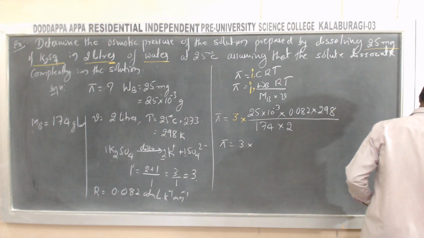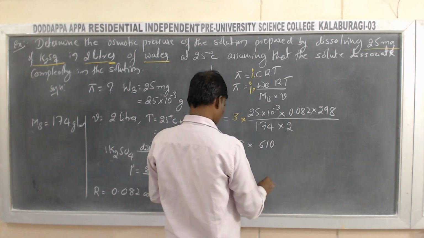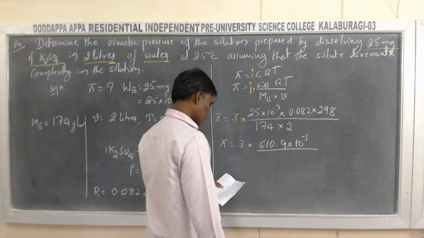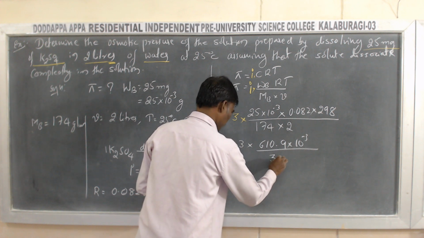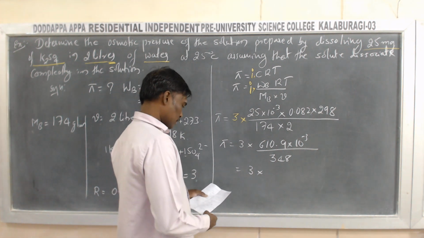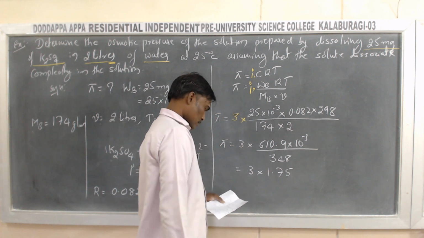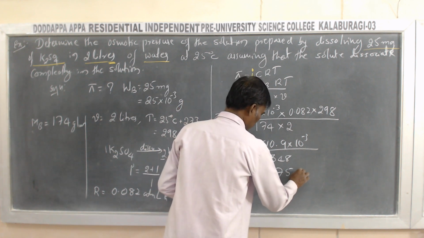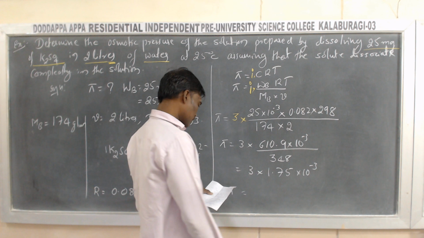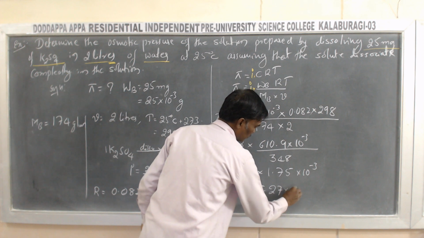If I simplify this, multiplying these three terms in the numerator, I get 610.9 into 10 raised to minus 3 divided by 174 into 2, which is 348. If I divide that, I get 1.75 into 10 raised to minus 3. If you multiply finally 3 into that, you will get 5.27, approximately 5.3 into 10 raised to minus 3.